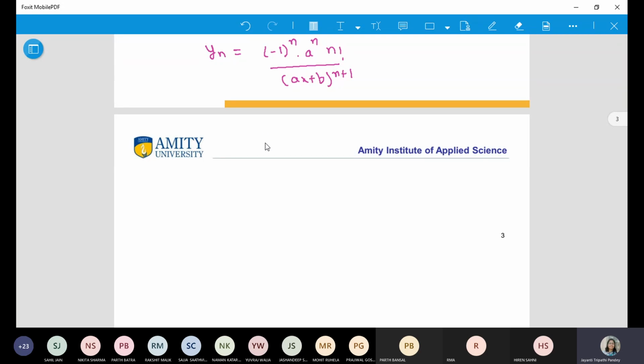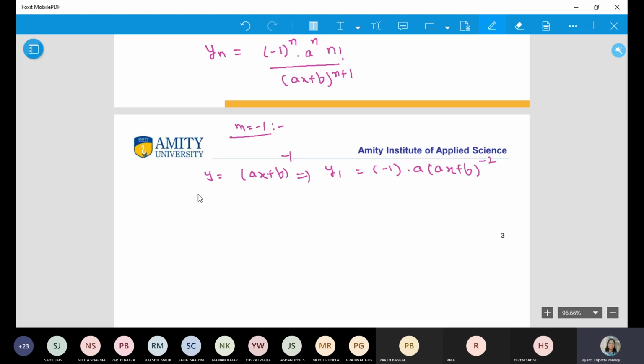Let me solve it and show you. Just see what we are doing. You have y is equal to (ax plus b) to the power -1. That's the meaning when you have m is equal to -1. So y1 is -1 into a into (ax plus b) to the power -2. y2 is -1 -2 a squared (ax plus b) to the power -3.